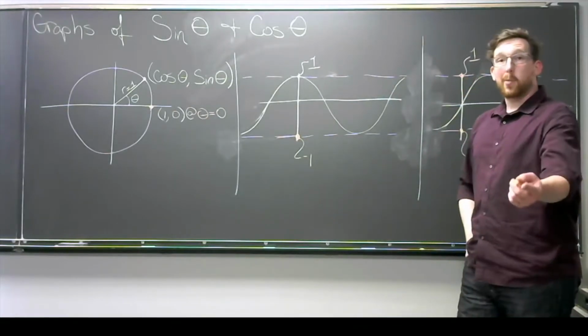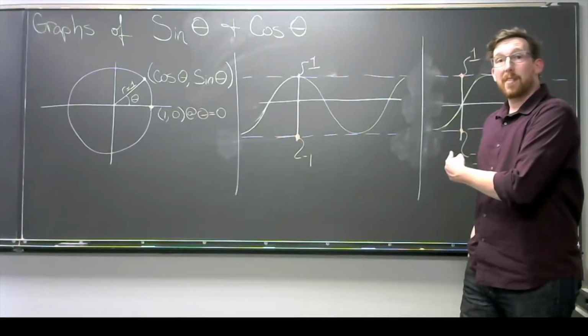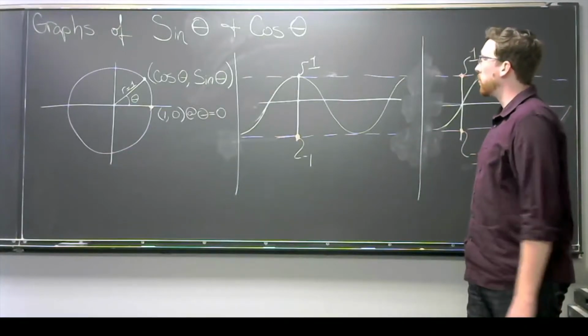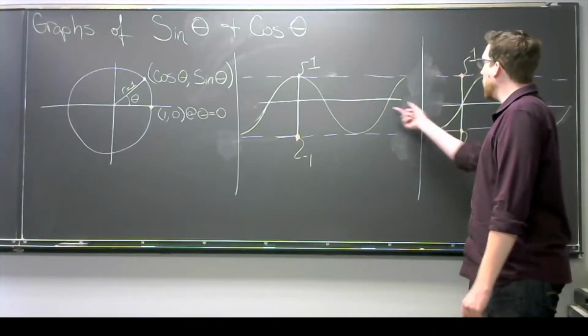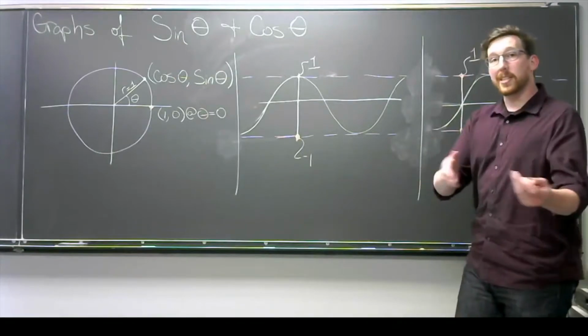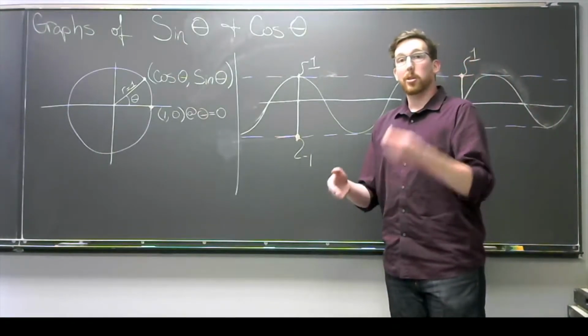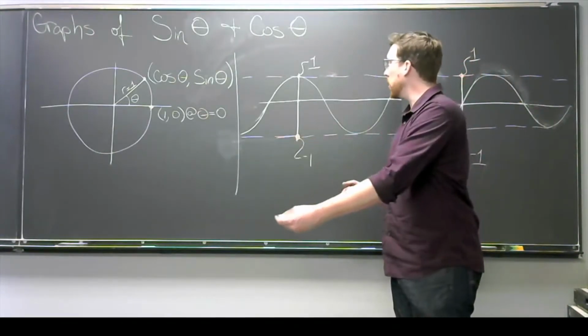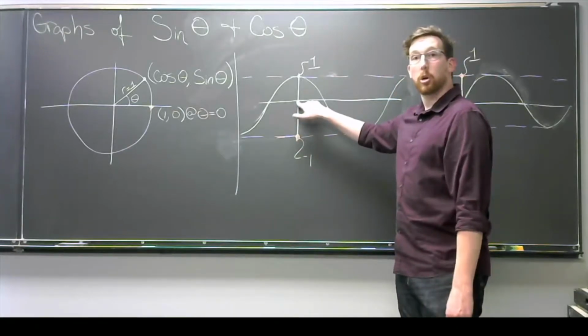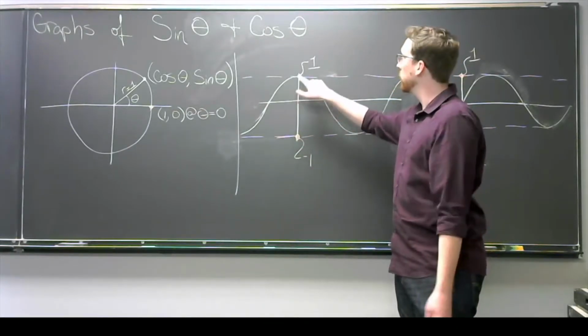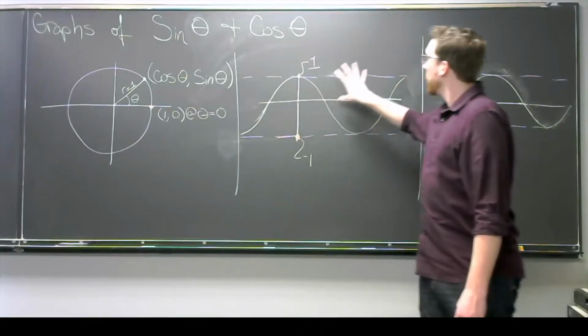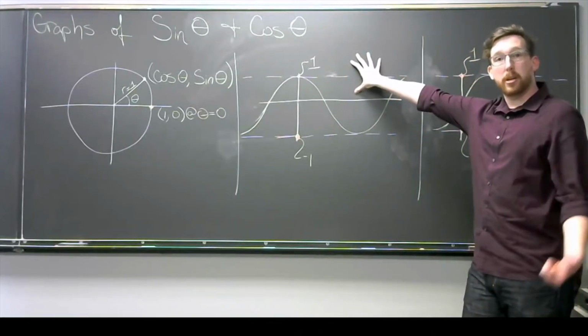Well, if that's the case, we can already identify which one of these graphs belongs to which one of these functions. Like I said before, the x-axis represents our angle. So if at theta equals 0, cosine is equal to 1, this first graph must be cosine.